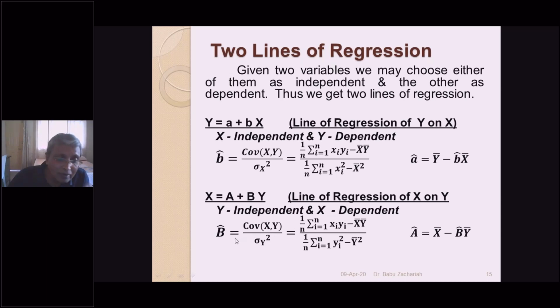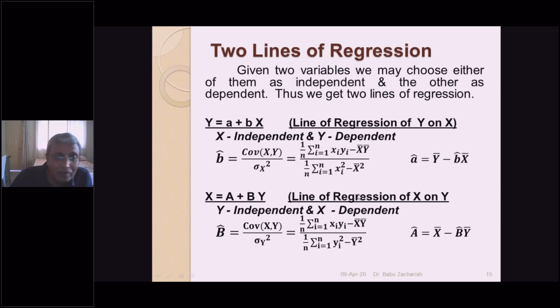To calculate this b hat, see, numerator was the covariance between xy. Denominator was the variance of the independent variable. Here x was independent, so sigma x square. Here y is independent, therefore sigma y square. So another formula, you get it. And correspondingly, capital A value is this.